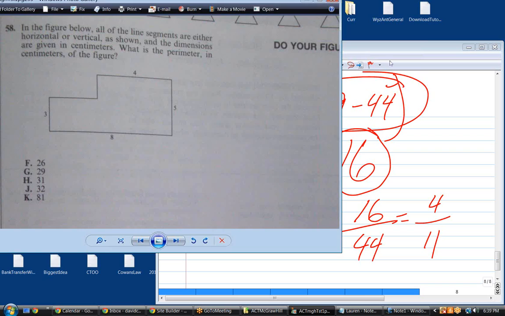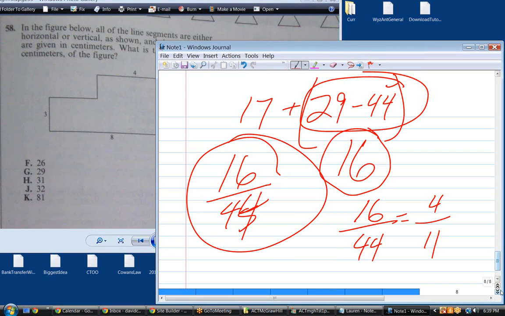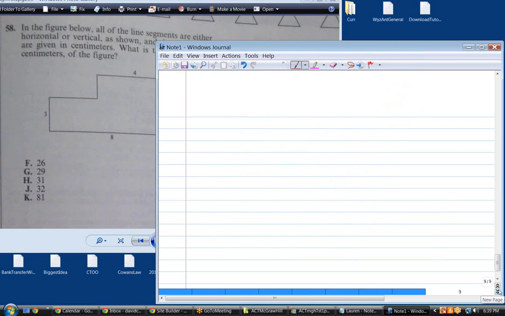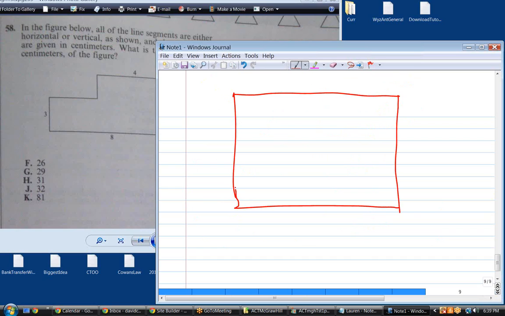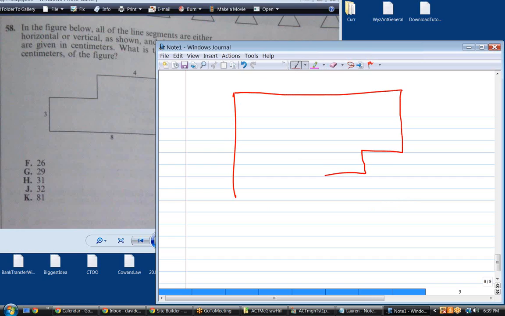Now, the key to remember is when you have a rectangle, we know the perimeter of that rectangle. If I take out a chunk of it, like this, the perimeter doesn't change.